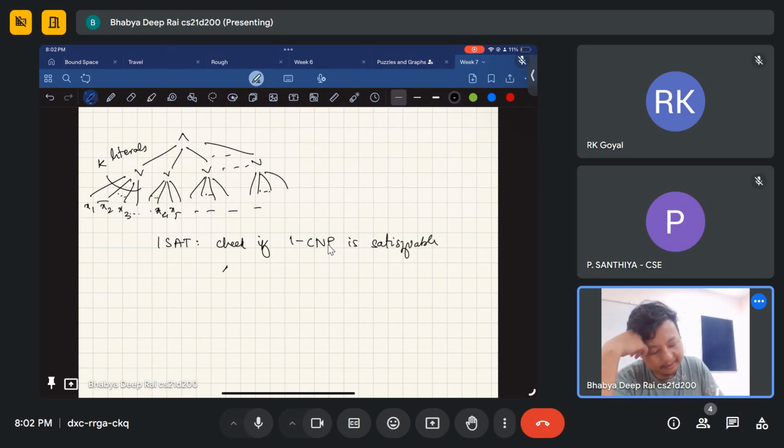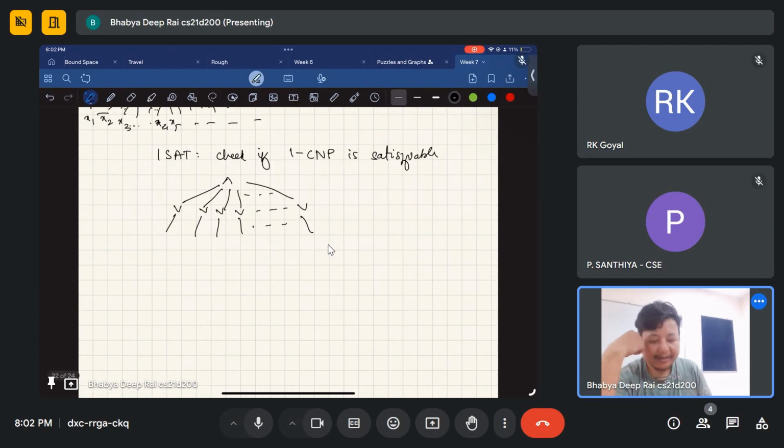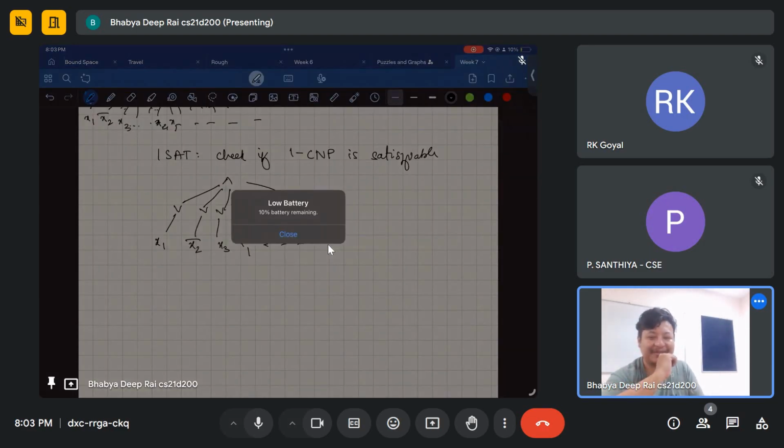So what does a 1 CNF look like? It will look like this: something like x1, x2 bar, x3, x4, again let's say x1 and so on. This is what 1 SAT looks like, no?